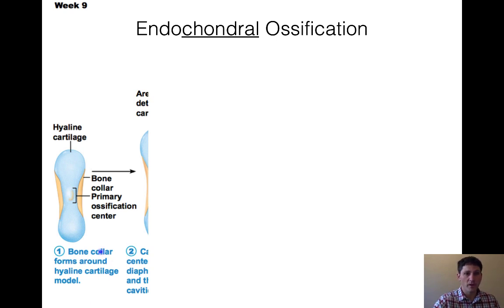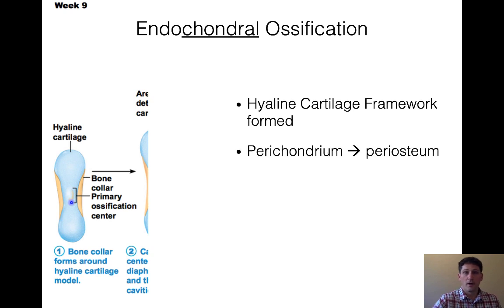So that first part is that we form a bone collar around our hyaline cartilage, and then we start to see the development of a primary ossification center. So kind of like what we just talked about with our intramembranous ossification center, we see the formation of osteoblasts right in here. Now, that perichondrium, remember, is on the outside of that cartilage, and that is going to start to form into the periosteum to help form that bone collar.